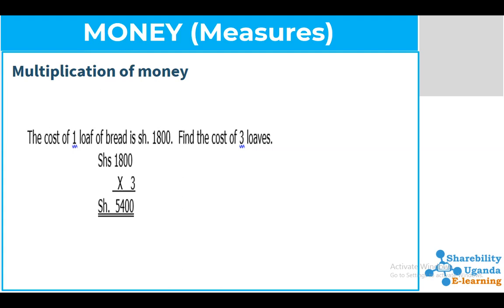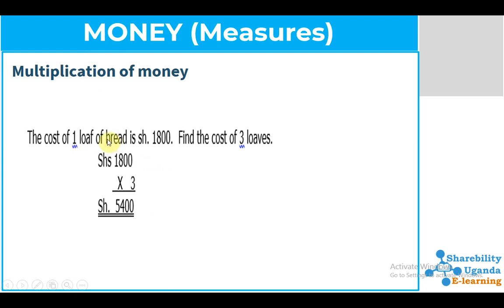In this example, they are saying the cost of one loaf of bread is 1,800 shillings. Then find the cost of 3 loaves. Here they want to test the mind of the learner, whether he can understand that this question involves multiplication.